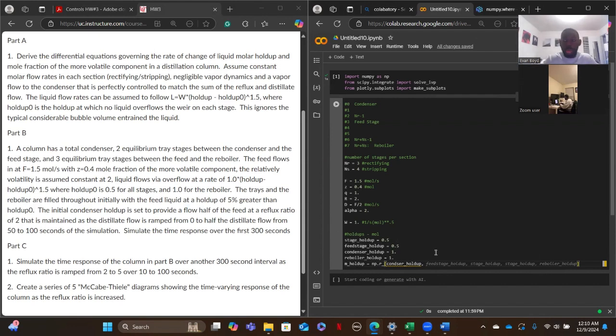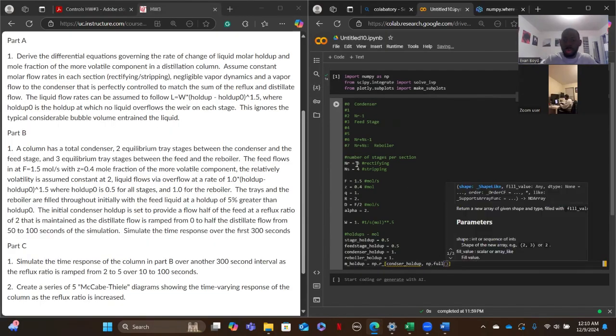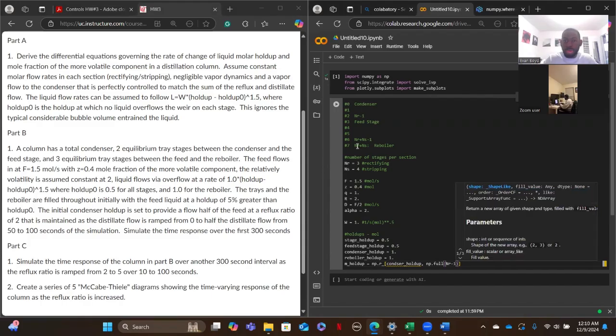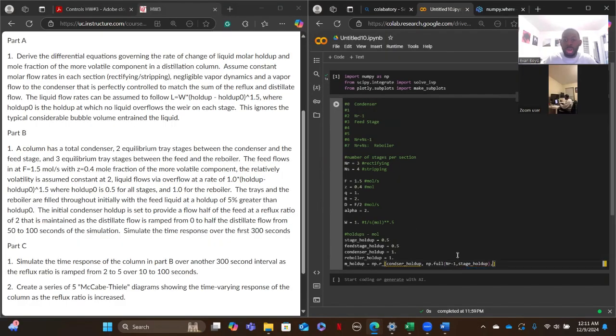So this will be np.full, so we can fluctuate our shape. We know our shape wants to be our NR, for our rectifying stage of NR. And this would be NR - 1 to get rid of the feed stage, because we have our separate holdup for our feed stage. And then for our fill value, we'll just put in our stage holdup. Okay, so that would be our rectifying section.